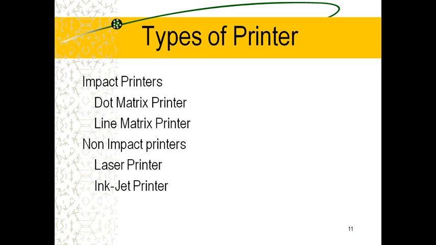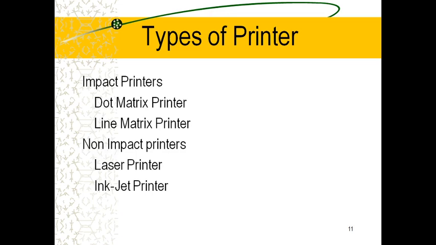This dot matrix printer has some levers inside it, and with the help of the levers only it works to print the letters or information on the paper. And the printing speed of this printer varies from 30 to 1550 cps, characters per second. It can print from 30 characters to 1550 characters.